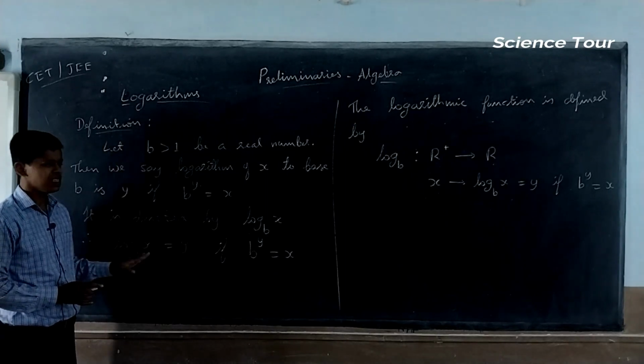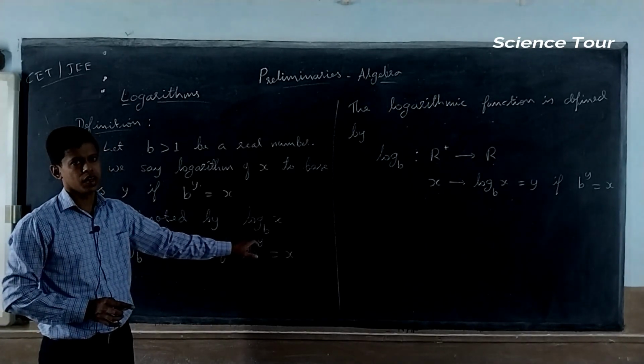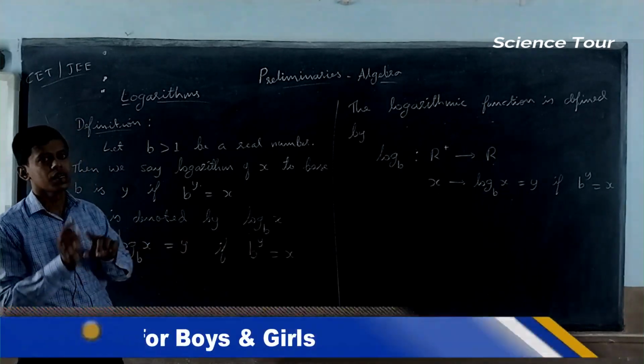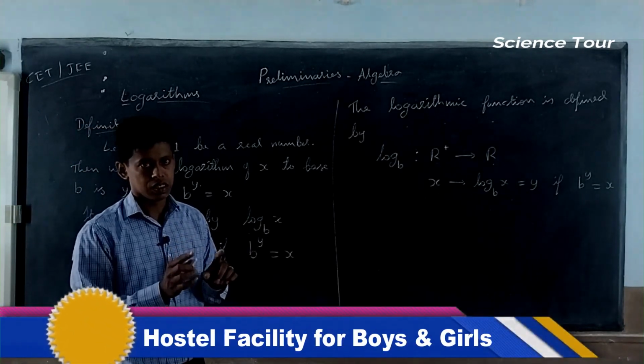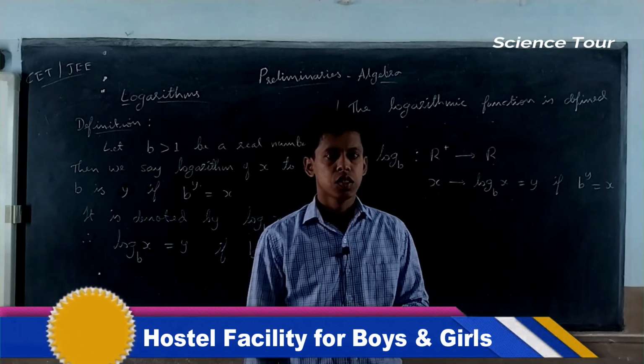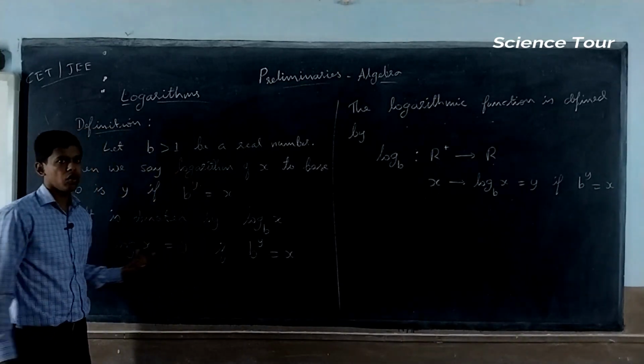So exponential and logarithms are interchangeable, they can convert to each other. They are like a pair, they are always together.